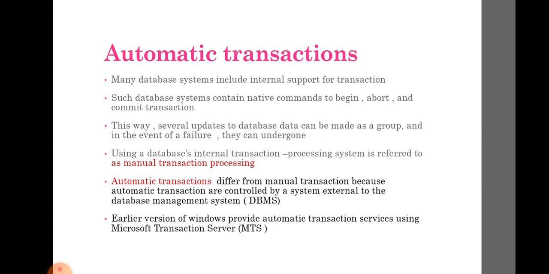Using a database's internal transaction processing system is referred to as manual transaction processing. That means that database transactions are controlled with the help of the database's internal commands; that is called manual transaction processing. Automatic transactions differ from manual transactions because automatic transactions are controlled by a system external to the database management system. Got it?